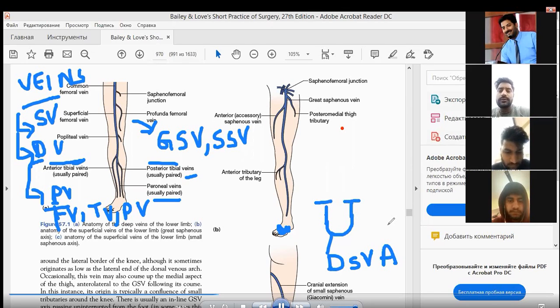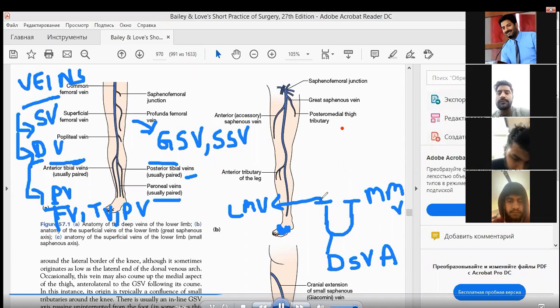You can draw it like this. These are your medial marginal vein on the medial side, and this is your lateral marginal vein. The medial marginal vein runs around the medial malleolus.